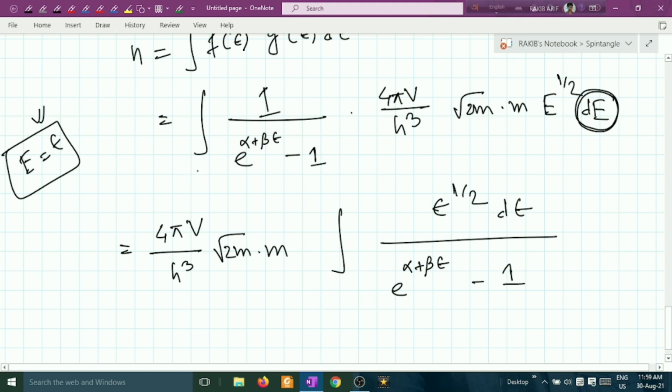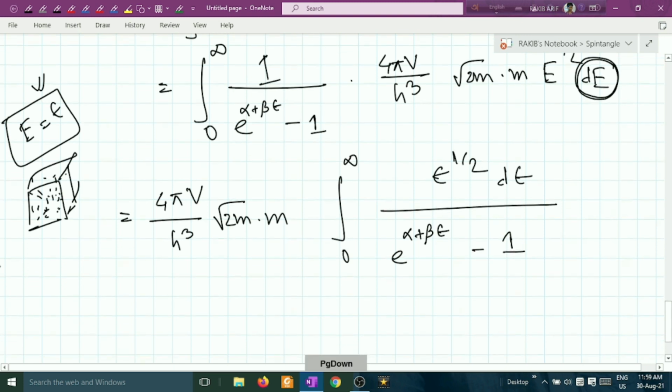And therefore the number of particles: say you have a classical ideal gas, in which the gas molecules are arranged like this, and the energy of these particles can be from 0 to infinity, because the maximum energy could be infinity and the minimum energy can be 0. Therefore the limits of the integration become 0 to infinity.